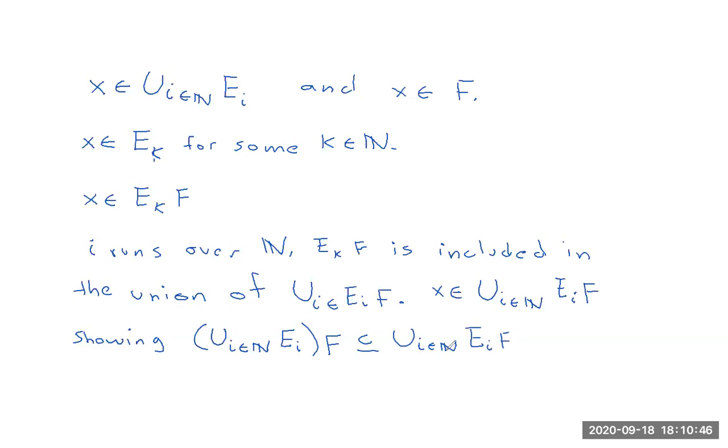So that's going to be the first half of the proof. The second half is going to be the same thing, but we're trying to show that the right-hand side is a subset of the left-hand side. And it's going to be a very similar idea.